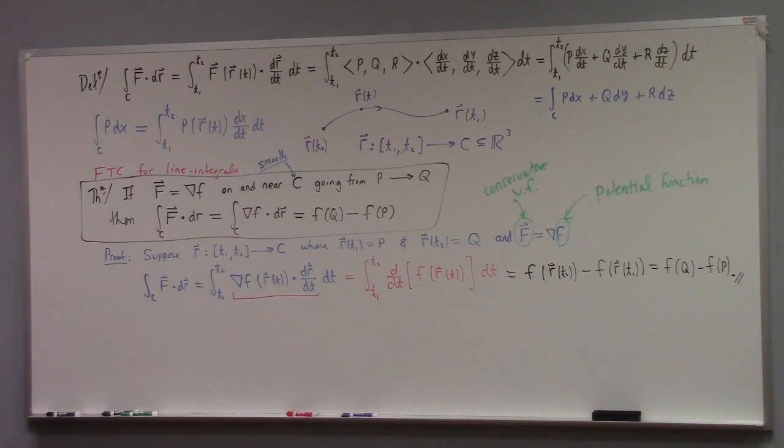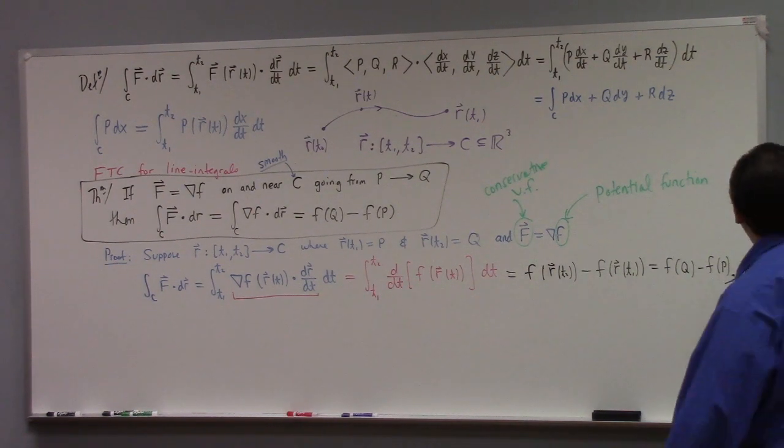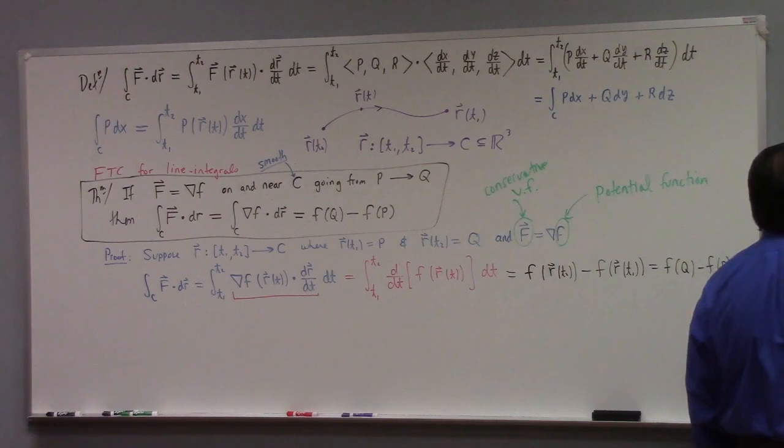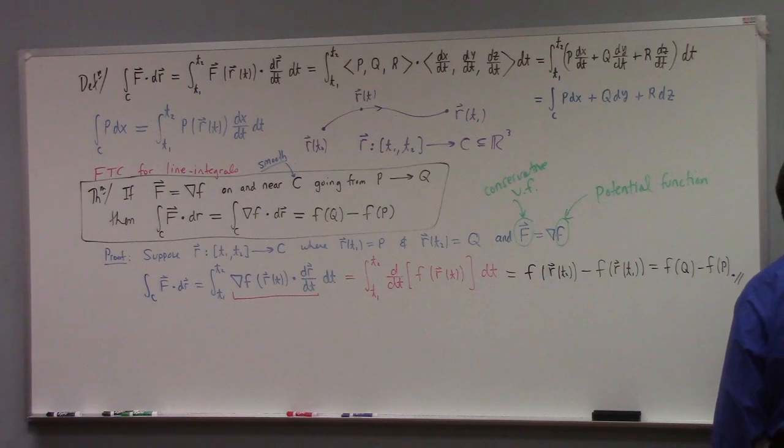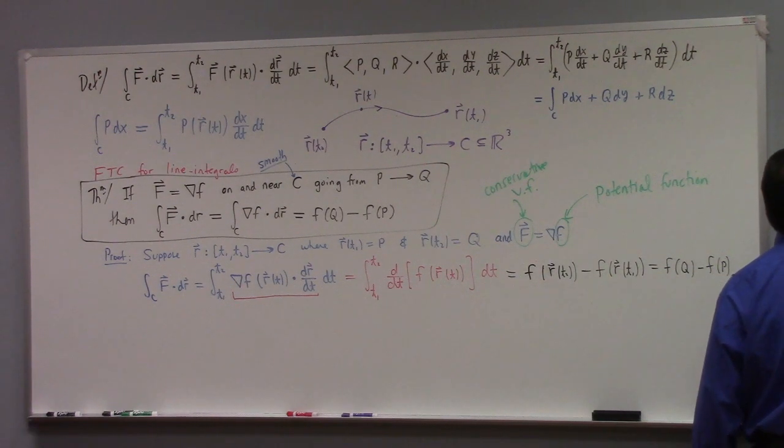And then finally, secant squared z plus 3. And suppose we want to calculate the work done, right? So here's the path I have in mind.